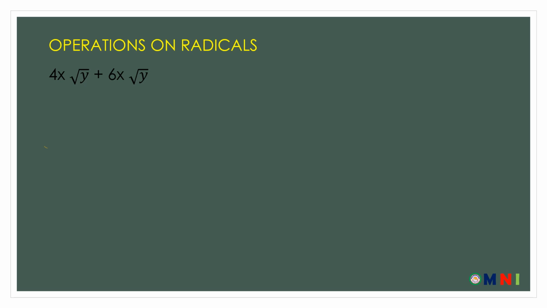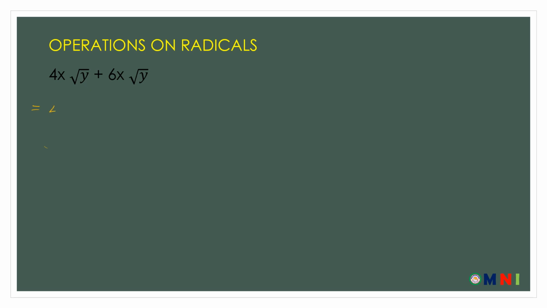Take a look at their indices. Square root. So we pass the one with the same index, and the radicand is also y. Therefore, this kind of radicals are like radicals. Therefore, we will just simply copy the radicals which are like, and then we will just simply combine.